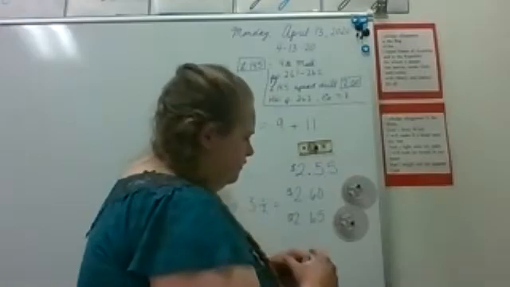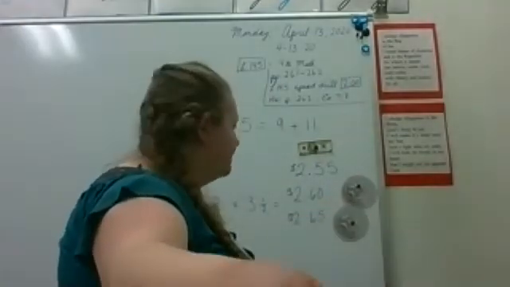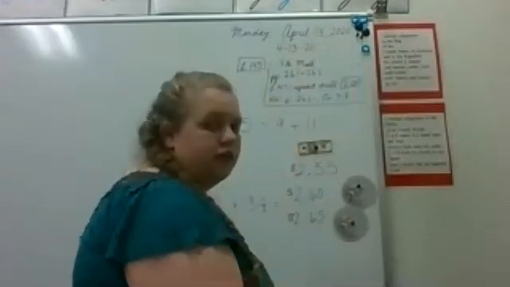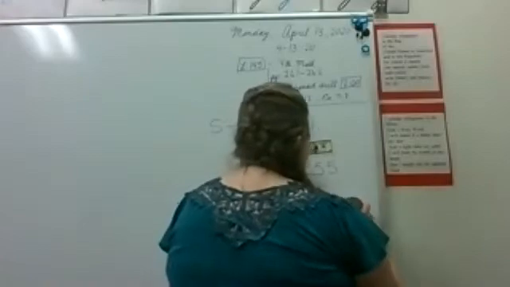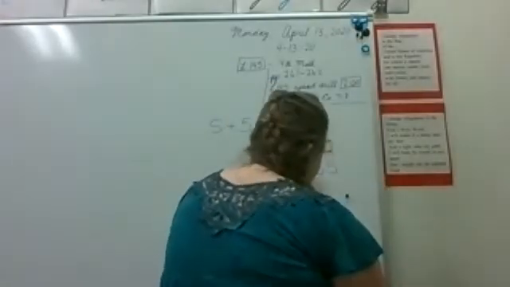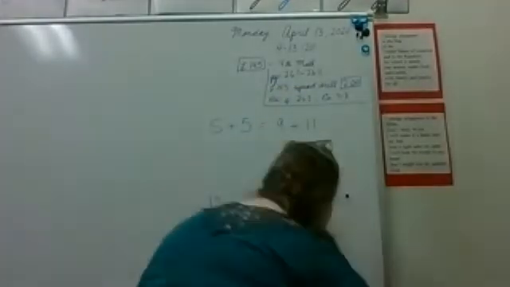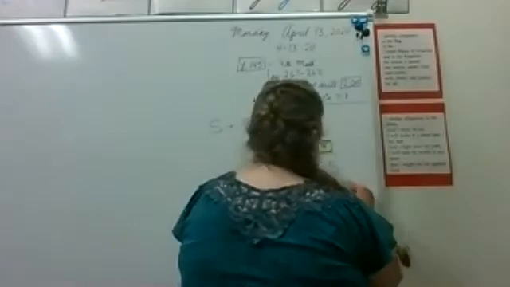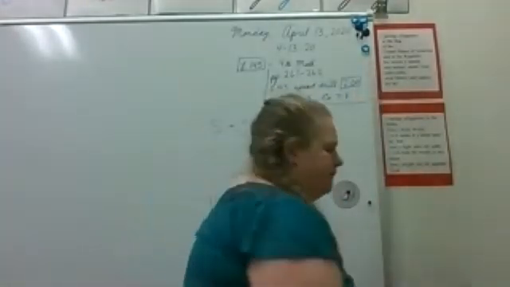Okay? Now we could keep going with nickels, because we needed 2 nickels. In order to use the fewest coins possible, we can trade the nickels out for a dime. Keep that down there, okay?